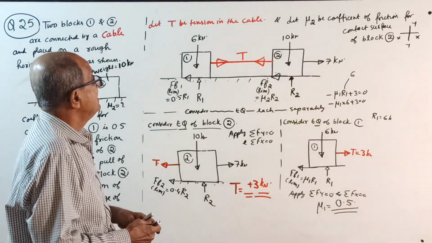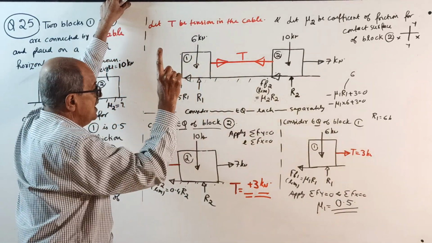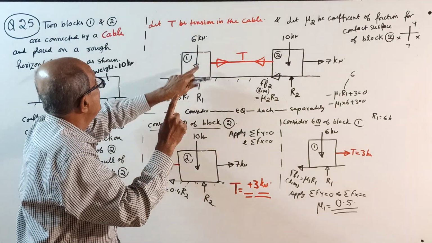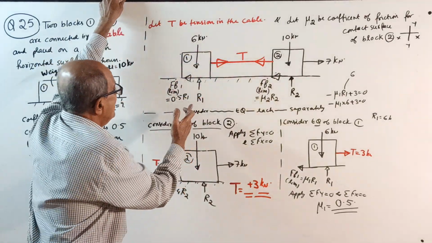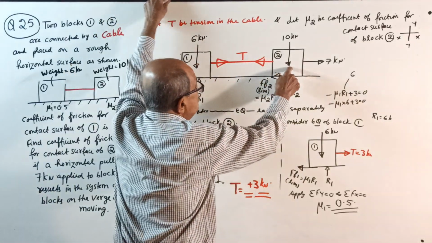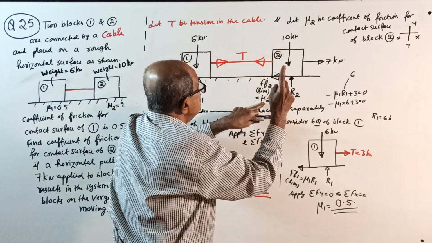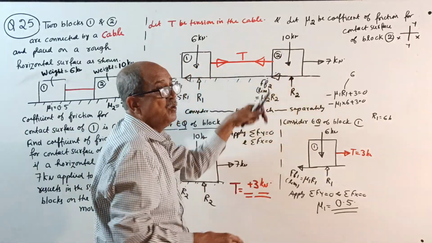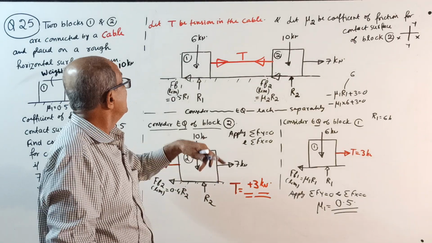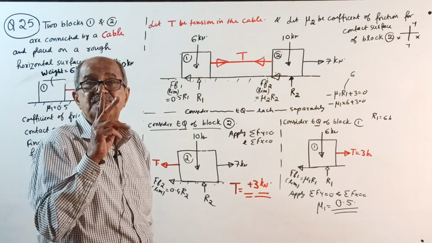Now, consider equilibrium of which block first? See here, once again. Block 1: R1, 1 unknown, and T. See here, R1 and T, block 1. But block 2: R2, 1 unknown, mu2, second unknown, and T. Last time this block had 3 unknowns.